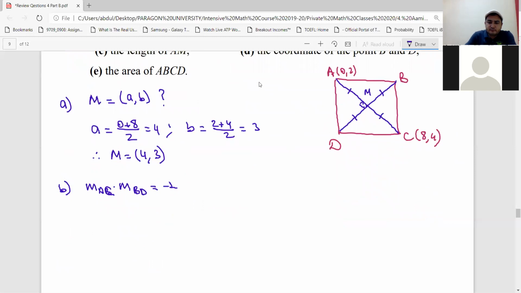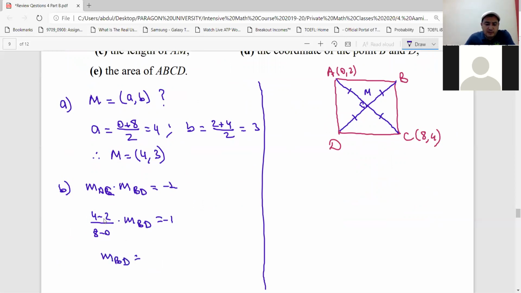Now from here, what is the gradient of AC? That is 4 minus 2 over 8 minus 0, times the gradient of BD, equal to -1. From here, 2 over 8 is 1 over 4, so multiply both sides by 4. The gradient of BD is equal to -4. Good.